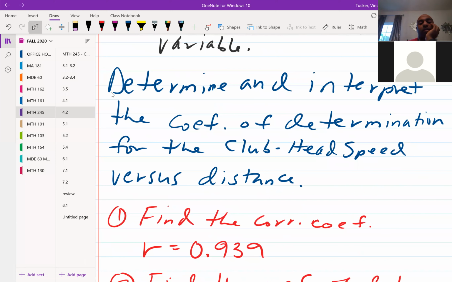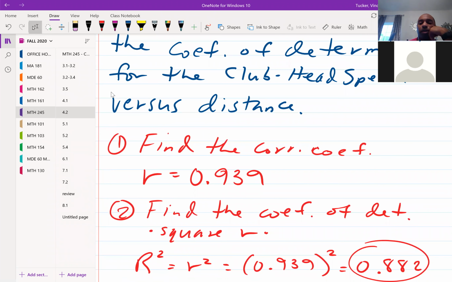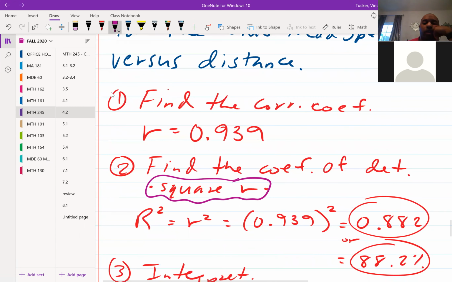We did that last class. We found r to be 0.939. So let's find the coefficient of determination. The first thing we'll do is square r, so we take our 0.939 and square it.